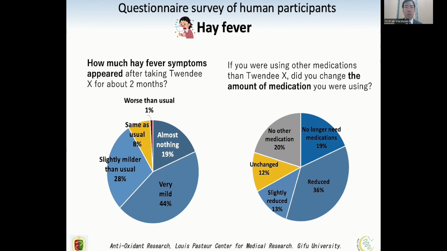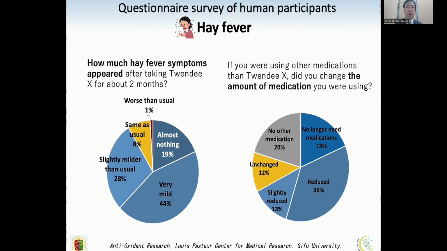As a result, when asked how much hay fever symptoms appeared after taking 20X, 20% of the participants answered that they hardly experienced any symptoms. Furthermore, including those who experienced milder symptoms than usual, 90% of the participants showed improvement in their symptoms with 20X.